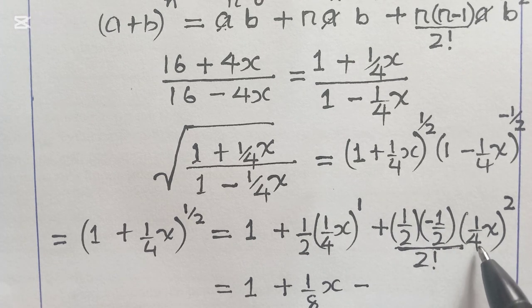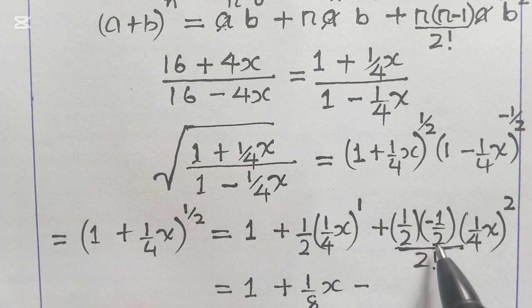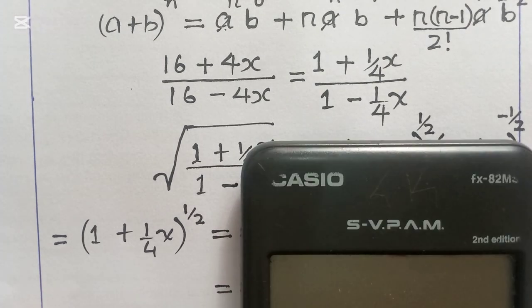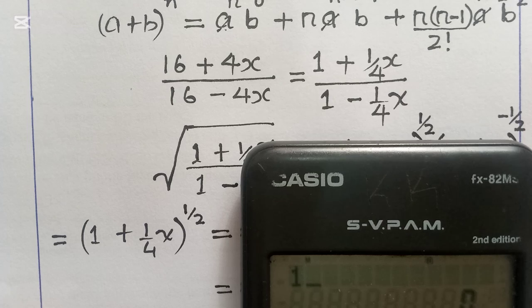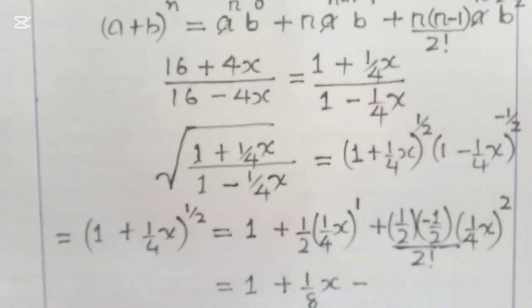We multiply this, 4 times 2, so we shall have 16. 16 multiplied by 8 gives us 128.